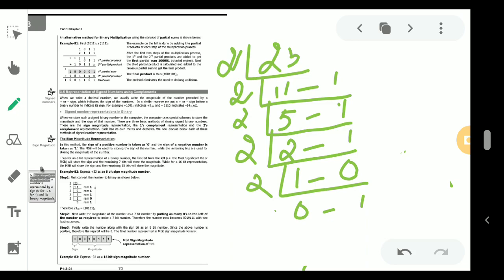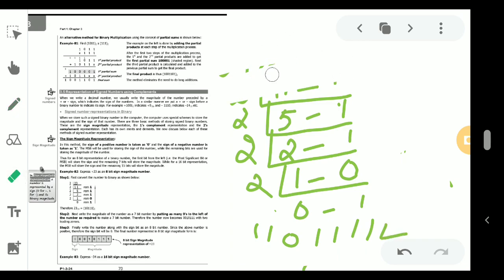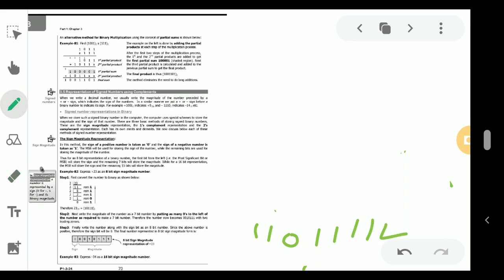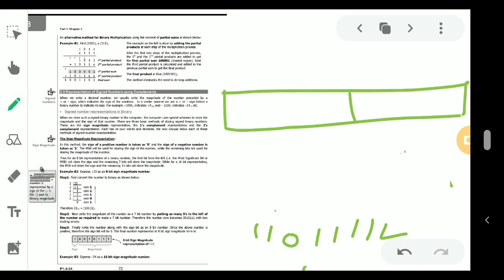So how many bits is the representation? It is an 8-bit representation. Up to now I have written 10111 base 2, which is 23 only. So how do we represent an 8-bit positive signed number? There are 8 bits, so let's divide it into 8 bits.